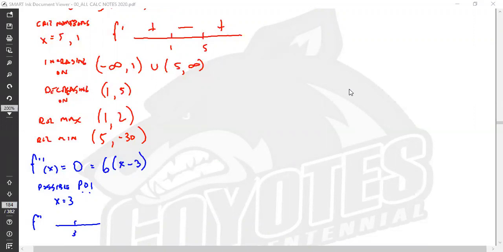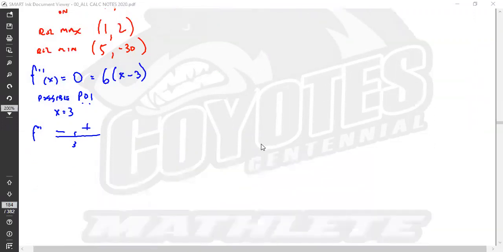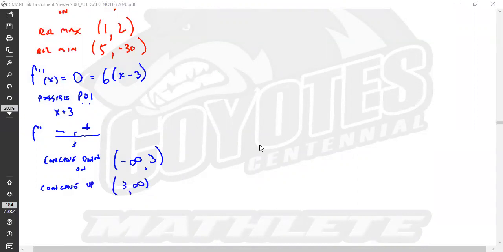With 6 times x minus 3, this will be negative, and when x is greater than 3, that ends up being positive. So therefore, concave down on negative infinity to 3, and concave up on 3 to positive infinity.